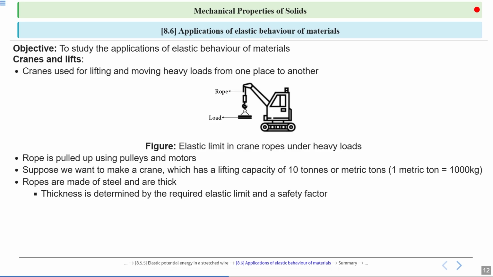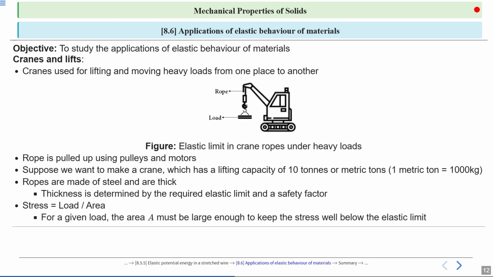The required thickness is determined by both the elastic limit of the steel and a safety margin, ensuring the rope won't stretch too much or snap. So stress is equal to load upon area. For a given load, the area of the rope must be large so that the stress is always well below the elastic limit of the material. If the stress goes above this limit, the rope could stretch permanently or even break.